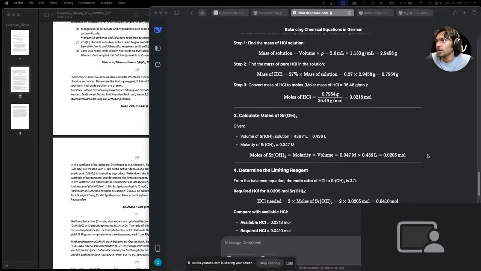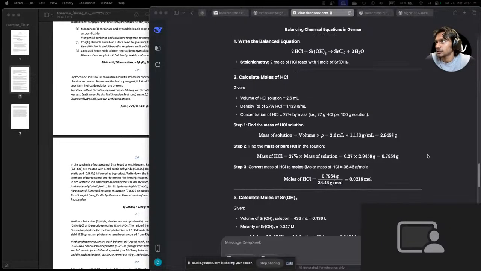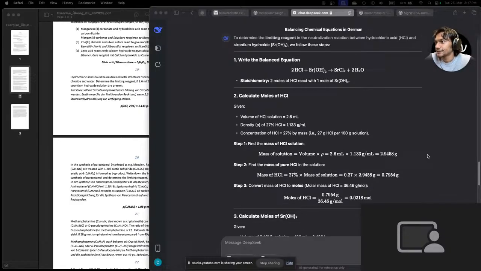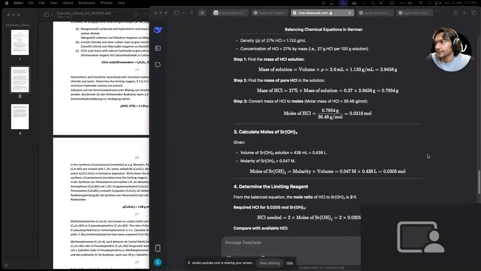Molar mass of strontium hydroxide. That's it. Just calculate the moles. No, we don't have to find it. Okay.